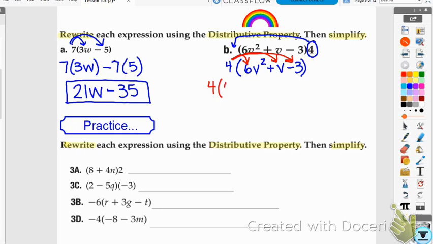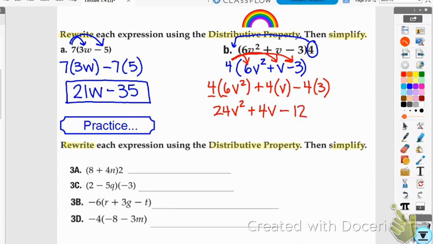So 4 times 6v squared plus 4 times v minus 4 times 3. And simplify. So the 4 times the 6, that's 24v squared. You can write the middle term as just a 4v, drop the parenthesis, and 4 times 3 at the end would be minus 12. And you leave your answer like that. You have v squared, a v, and no v's, so you can't combine any further.